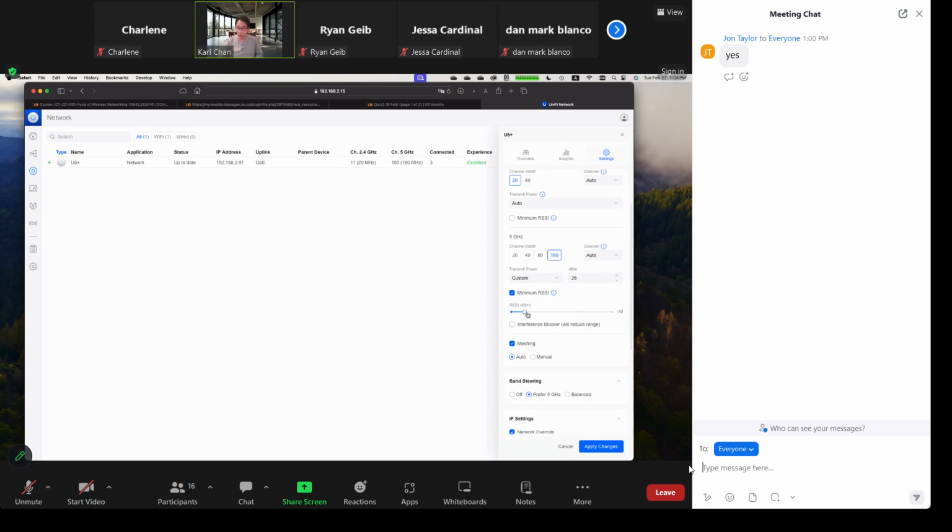For example, if I change the RSSI to minus 7 dBm, then the client will be dropped if they don't meet this minimum power, so that you can limit clients that are too far away from the AP from connecting to it.